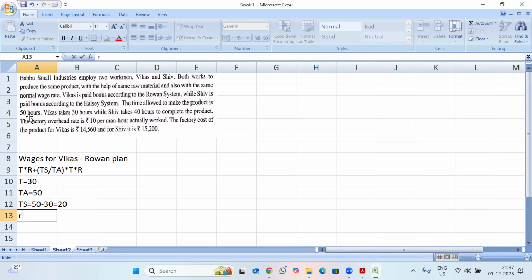Here we don't know the rate, so let me assume the rate as R and solve this equation.